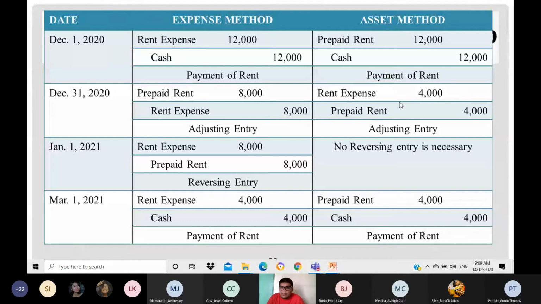Rent expense, 4,000, and credit prepaid rent, 4,000. So its adjusting entry is different. Therefore, when January 1 comes, no reversing entry is necessary.